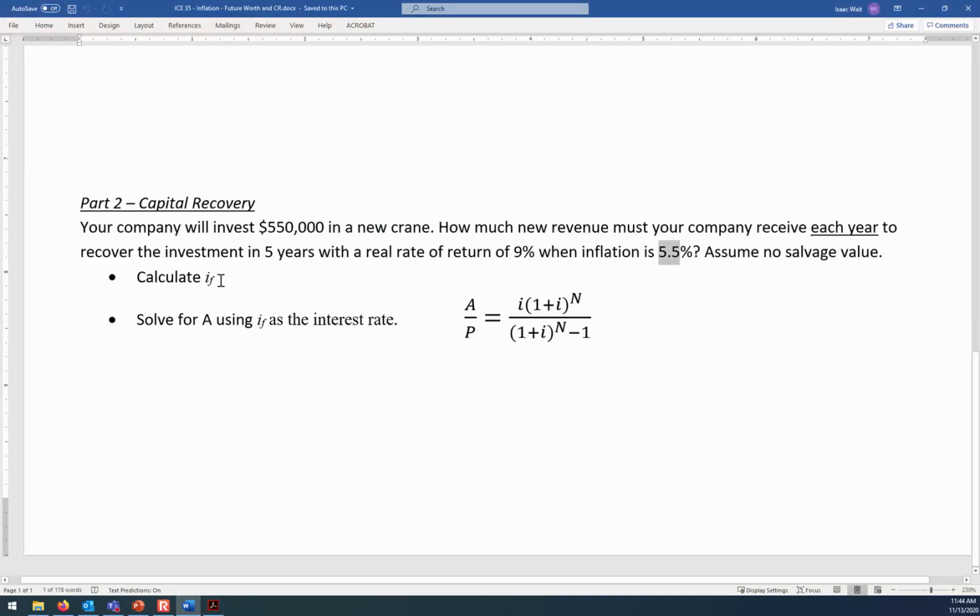So first of all, calculate I sub f if you want a real return of 9%, taking into account inflation.